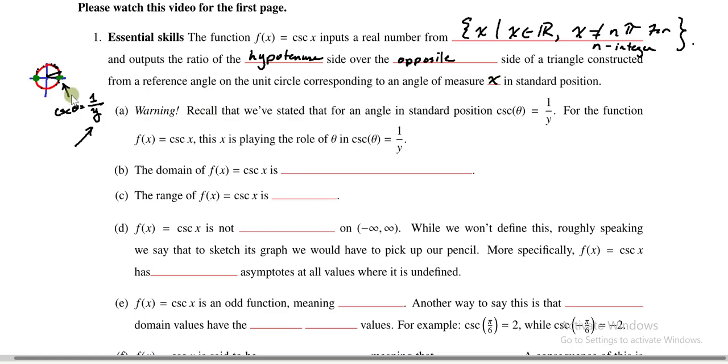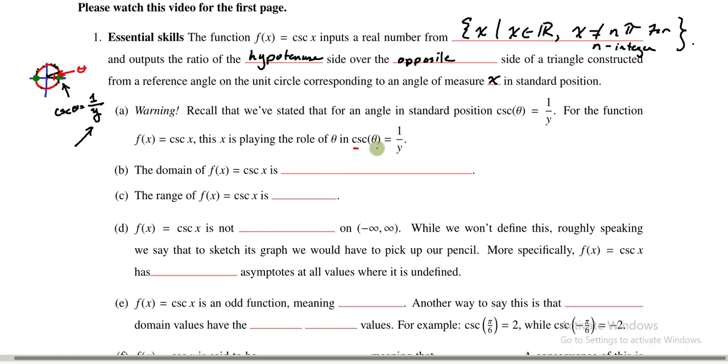I want to point out that there's this confusing aspect here, that when we're on the unit circle, we have the ordered pairs of the unit circle that are used to construct the trig ratios along with the hypotenuse. And when we talk about the unit circle, we label the angle on the unit circle as theta.